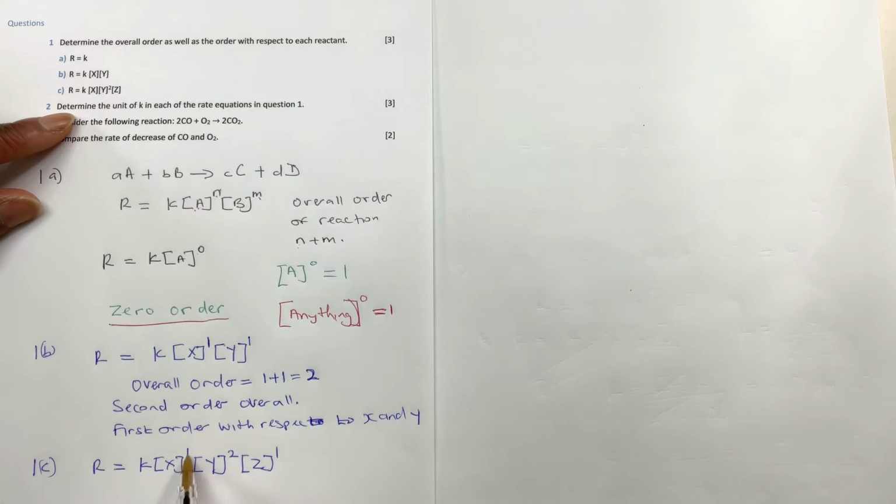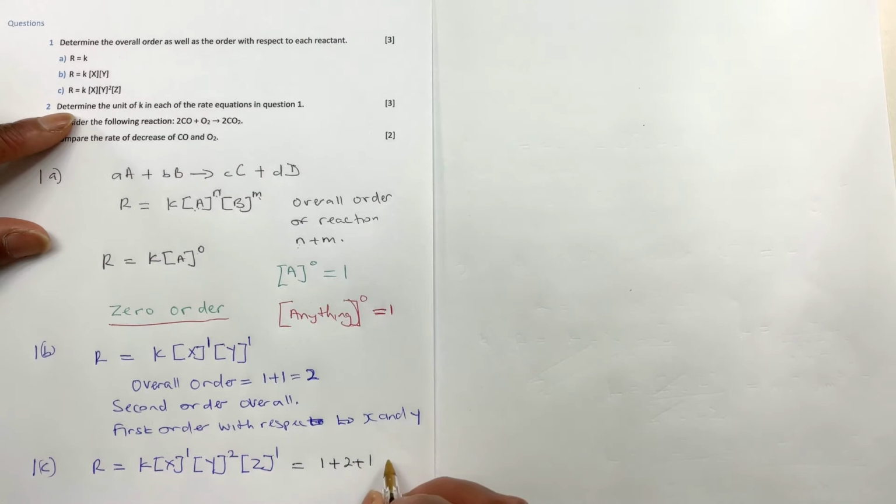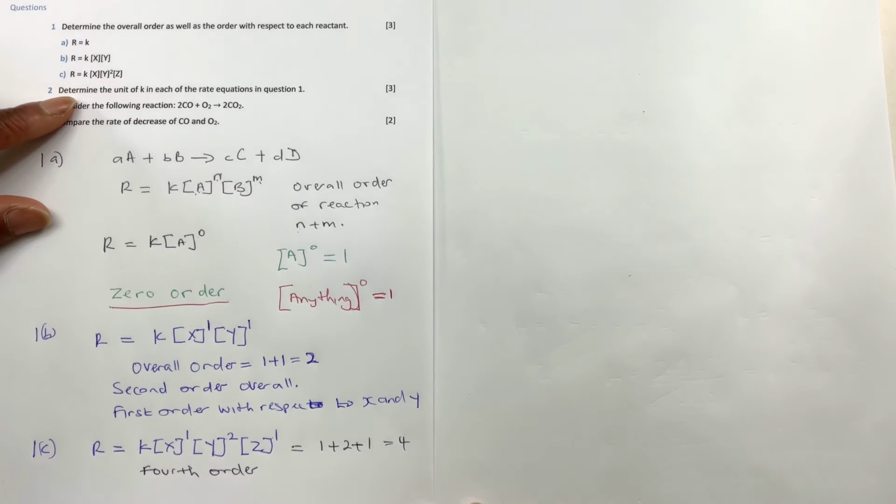As you can see, we go 1, 2, 1. So the overall order is 1 plus 2 plus 1, and that we can say equals 4. So this is fourth order. So we can say that's fourth order overall.